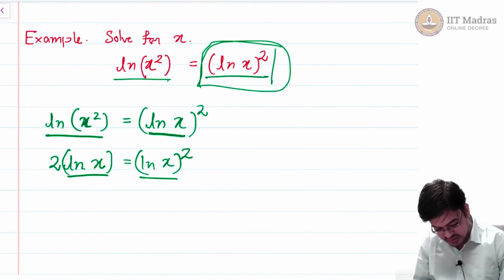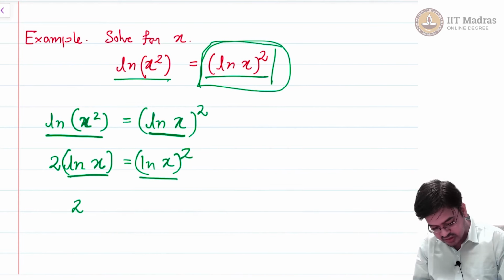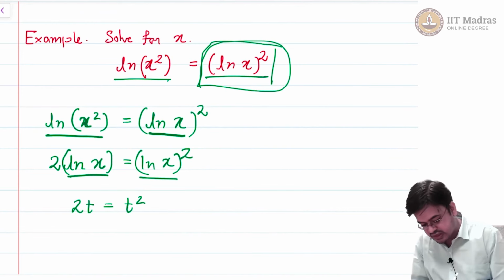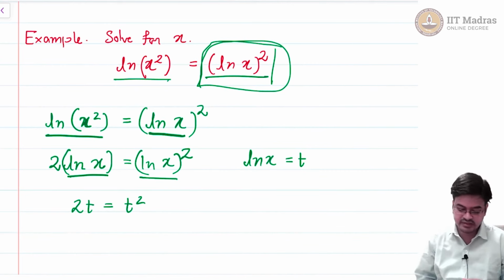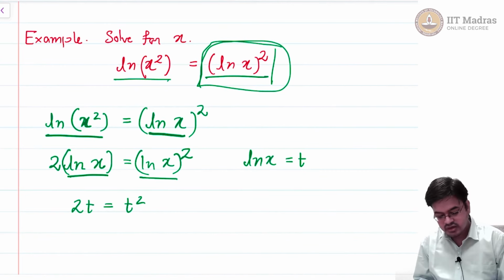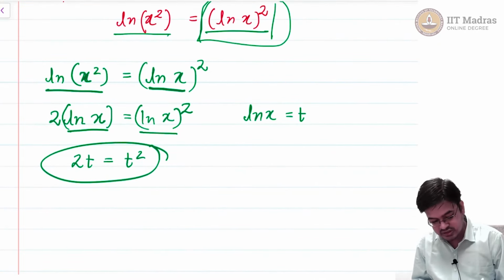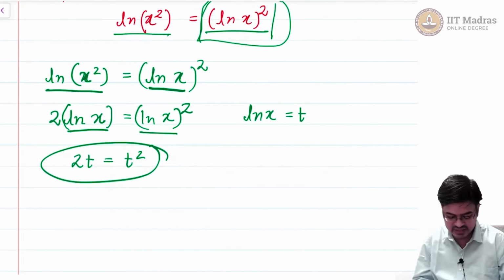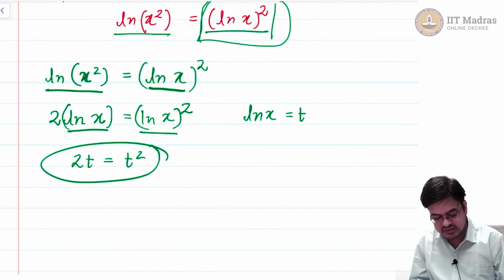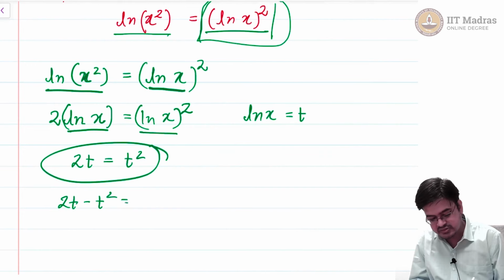So if you write ln of x is equal to t, you are actually talking about 2t is equal to t squared. So what I am doing is putting ln of x is equal to t. This I am defining. Okay, fine. So what I will do here, very easy then, it's 2t minus t square is equal to 0.